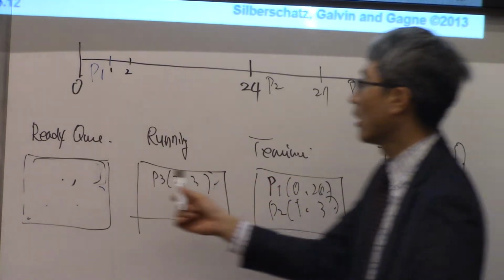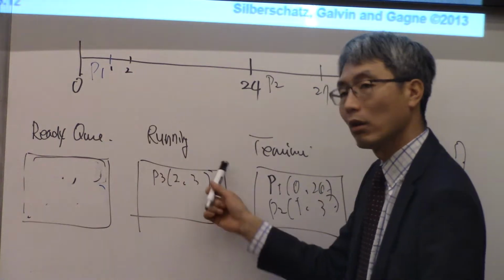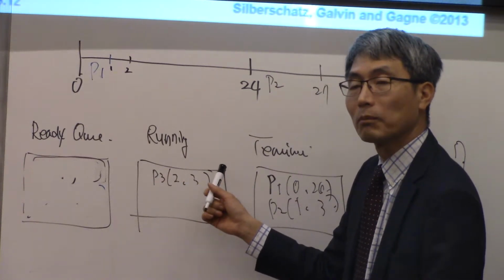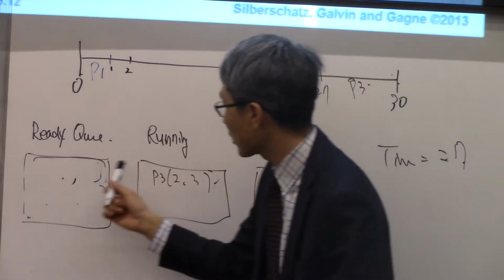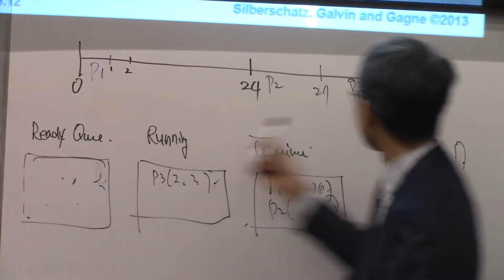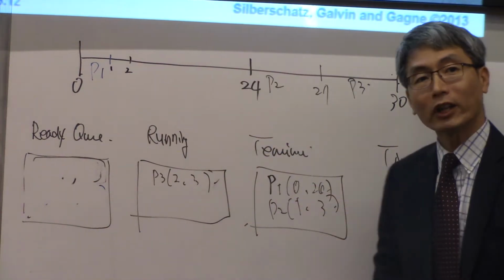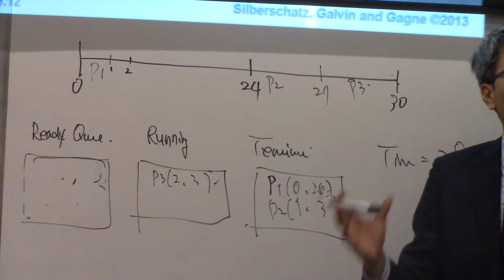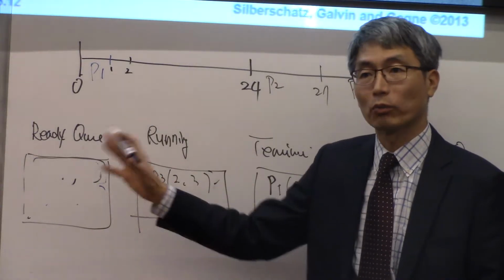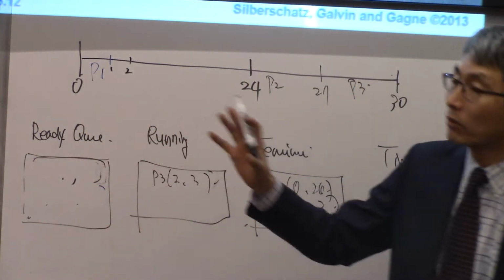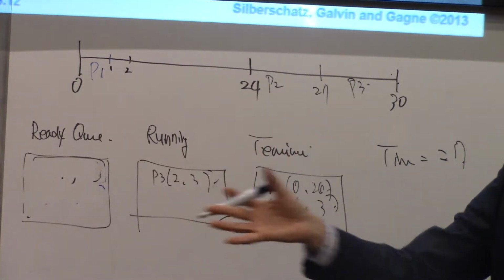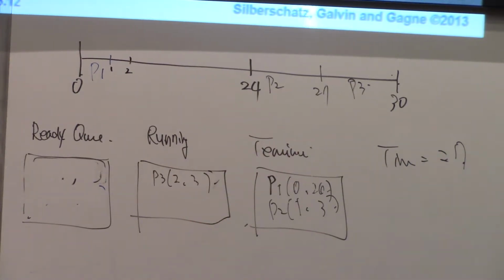Then it checks if there is no process in the running state, then it selects using the arrival time. Okay, so this is how it works. You are able to implement it. It's really implemented in all the operating systems.